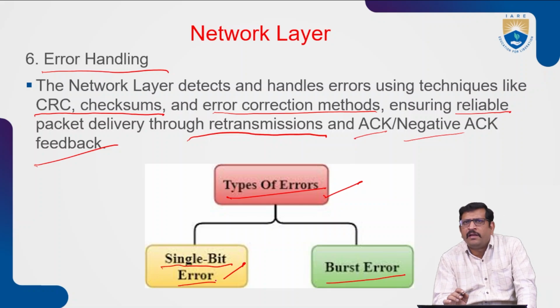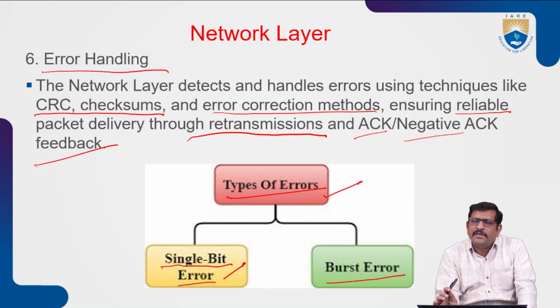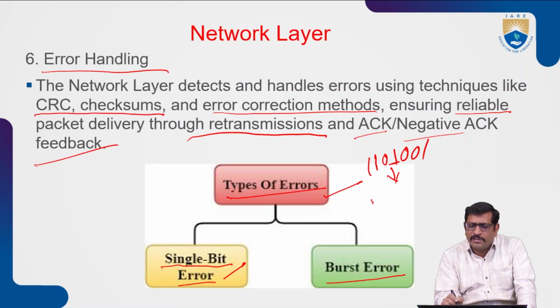Single bit error means that while transmitting data in the form of bits from source to destination, the error occurs in only one bit. Suppose you are transferring the data 1 1 0 1 0 0 1, and the destination receives 1 1 0 0 0 0 1.